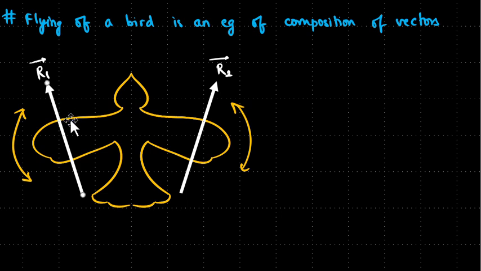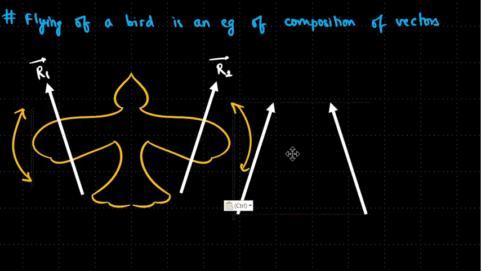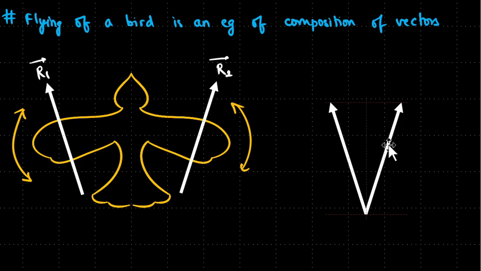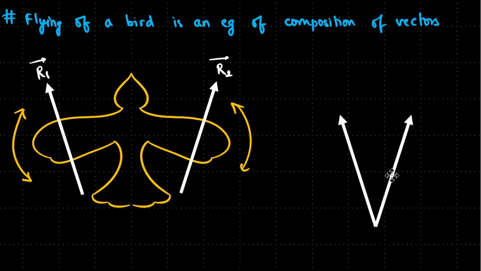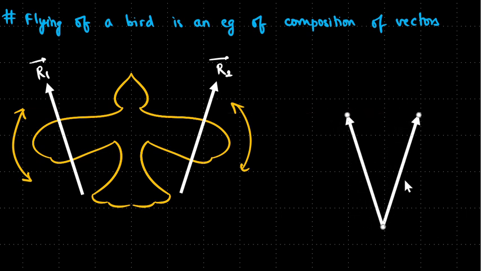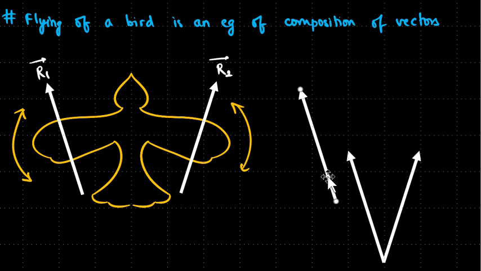Now to do justice to what I'm trying to show, I'm going to copy these and think about which law would be better. If you ask me, I always prefer to use the parallelogram law, since I find it much easier to use than the triangle law.